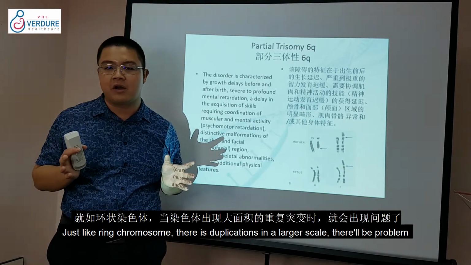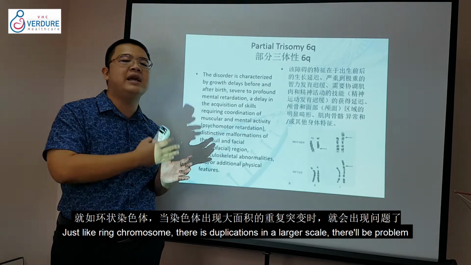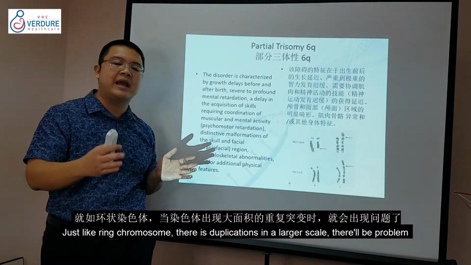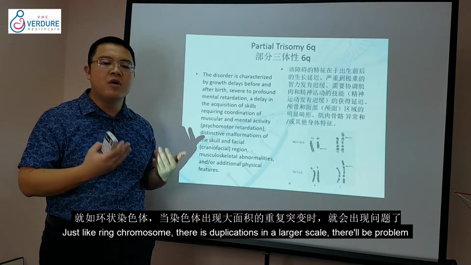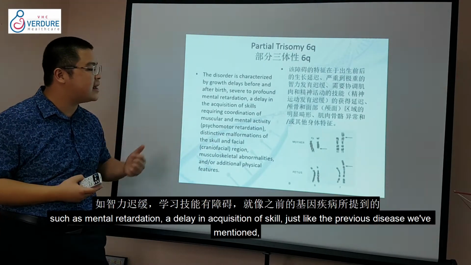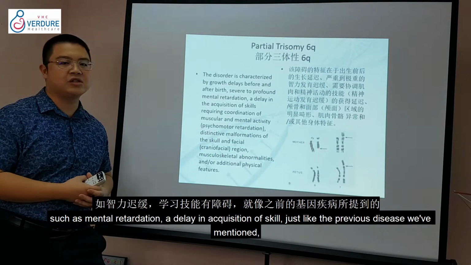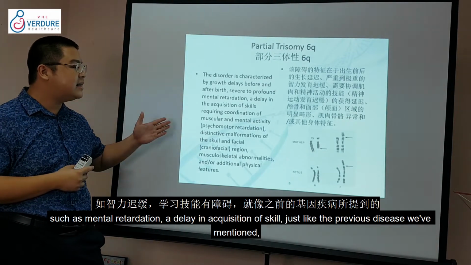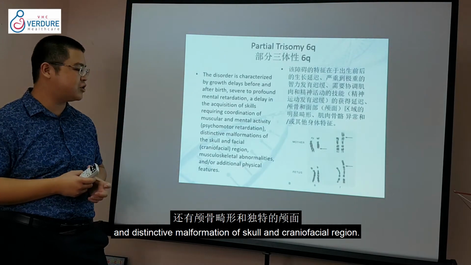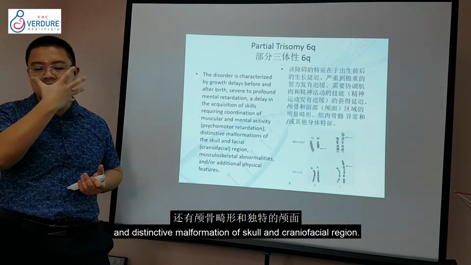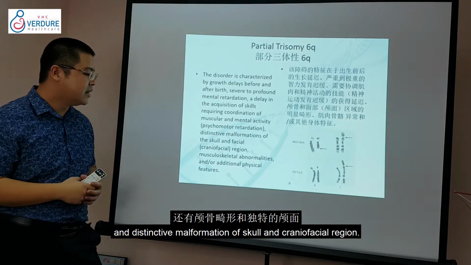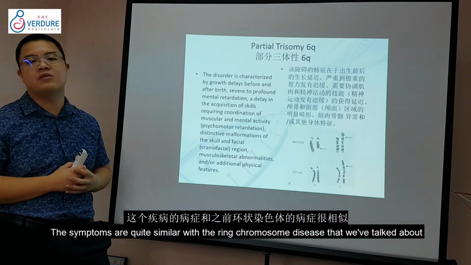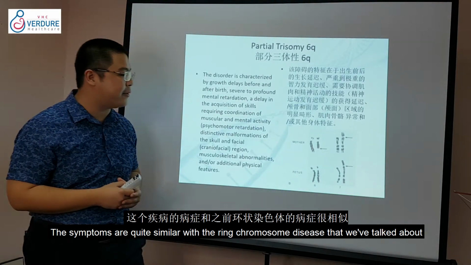Just like ring chromosome, because there are things that have been duplicated on a larger scale, there will be problems such as mental retardation, a delay in acquisition of skill, just like the previous disease we just talked about, and a distinctive malformation of the skull and the craniofacial region. Pretty much it is quite similar to the ring chromosome disease that we just talked about.